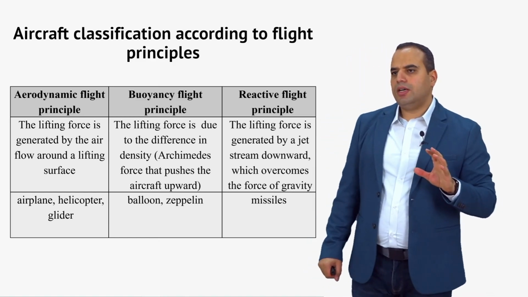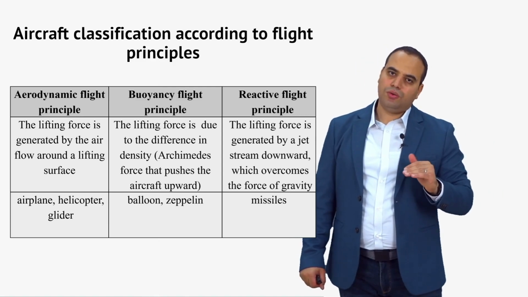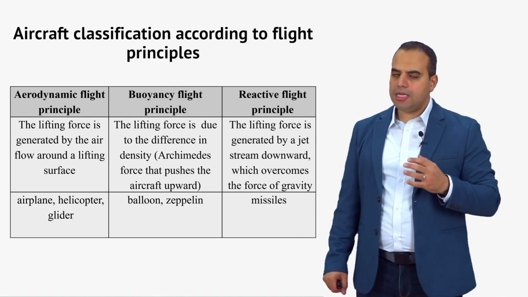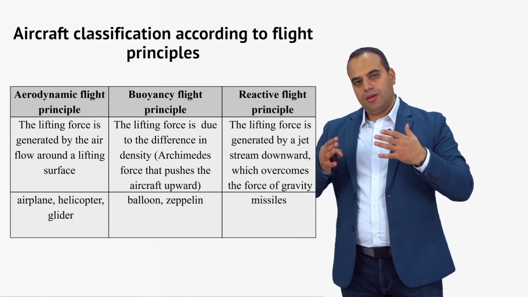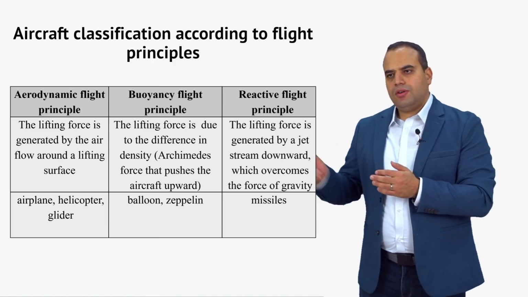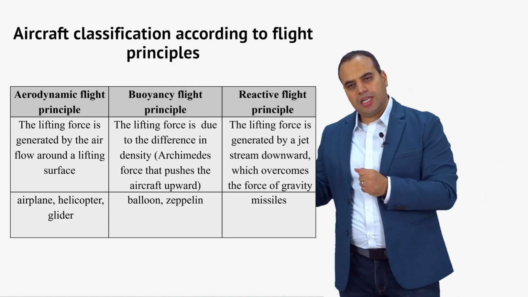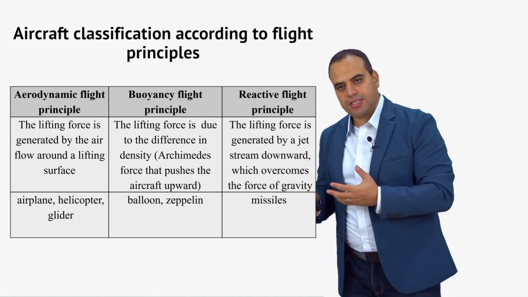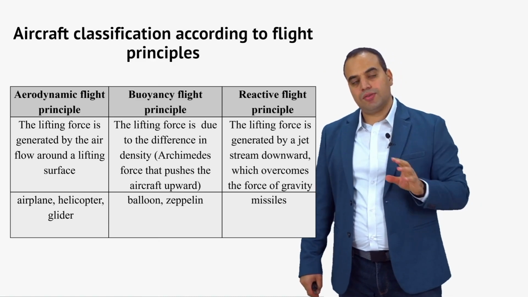So first of all, a flight principle is, again, the law of nature, or the basic physics of the world that allows us to perform flight, to overcome gravity, right? So if we start with this classification here, the aerodynamic flight force, the lifting force which overcomes gravity, is generated by the air moving around a lifting surface, right? That's why it's called aerodynamic.